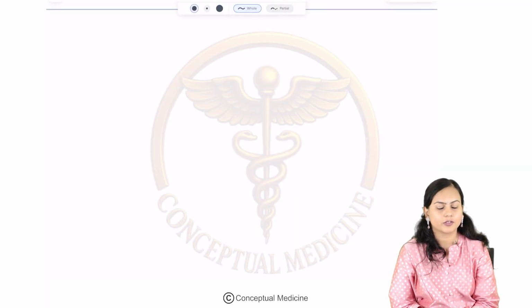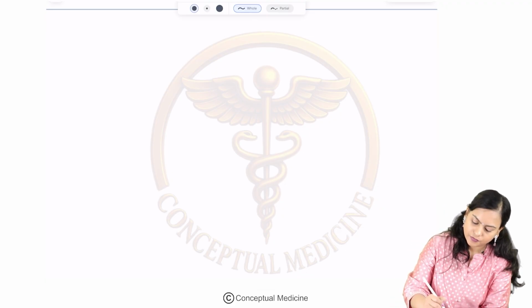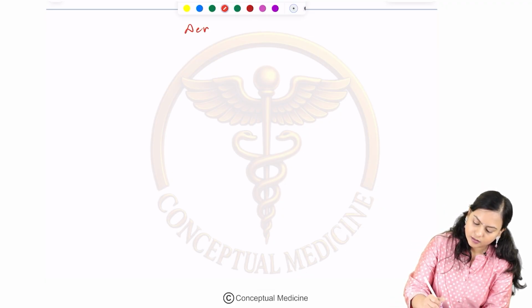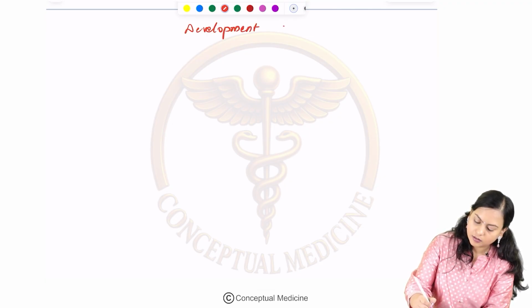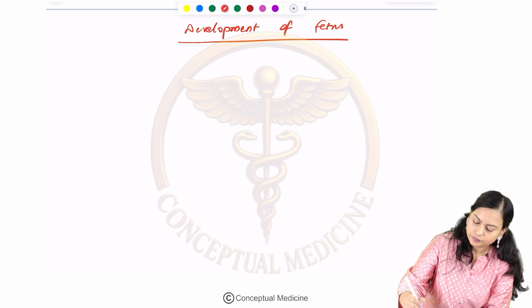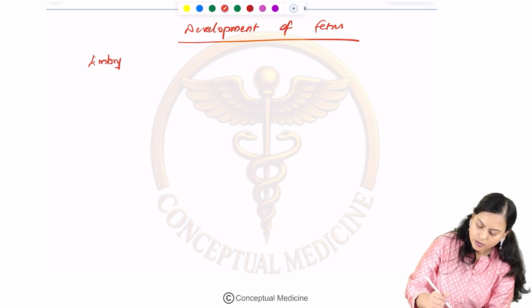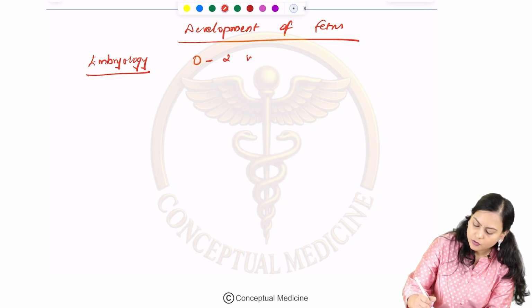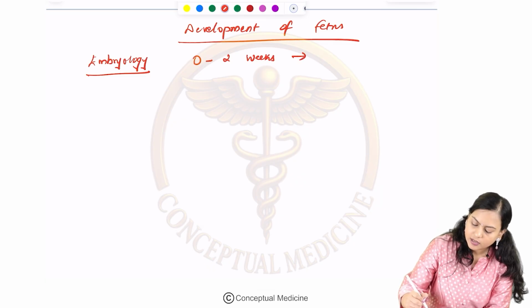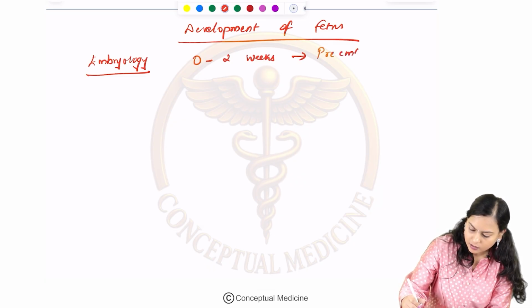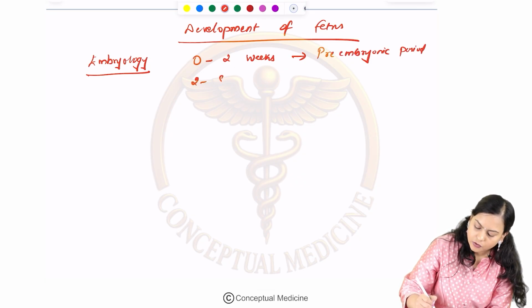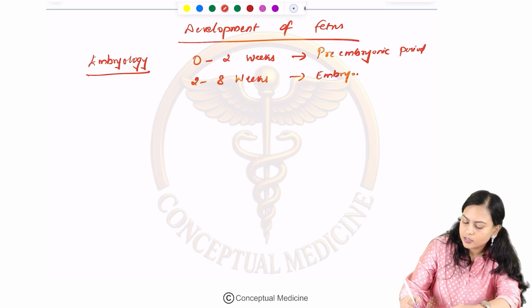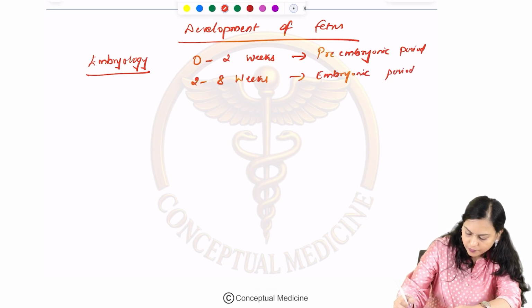Now we are going to discuss the development of the fetus. So, in embryology, 0 to 2 weeks after fertilization is known as the pre-embryonic period. 2 to 8 weeks after fertilization is known as the embryonic period.